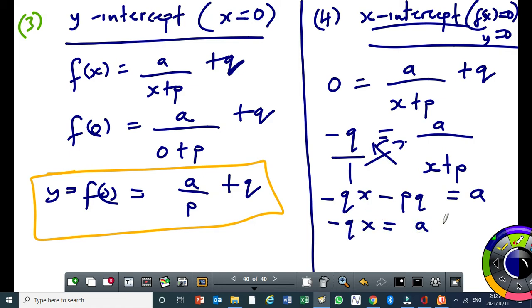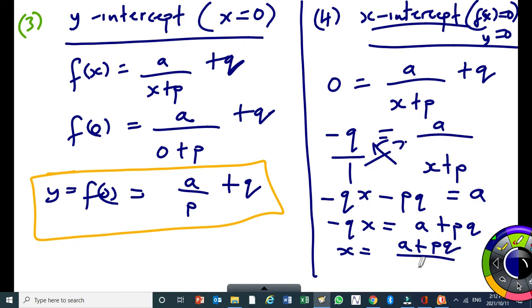You will get a plus pq. Then you divide both sides by minus q. So x will be a plus pq over minus q. Please don't stress. When you have got values, you can just substitute the values. So this will be your x-intercept.